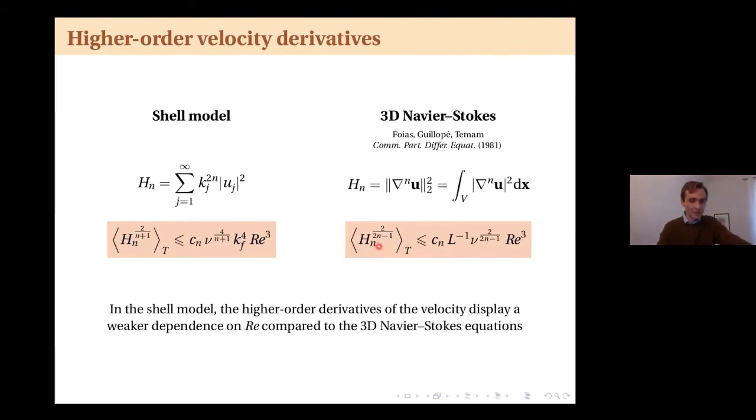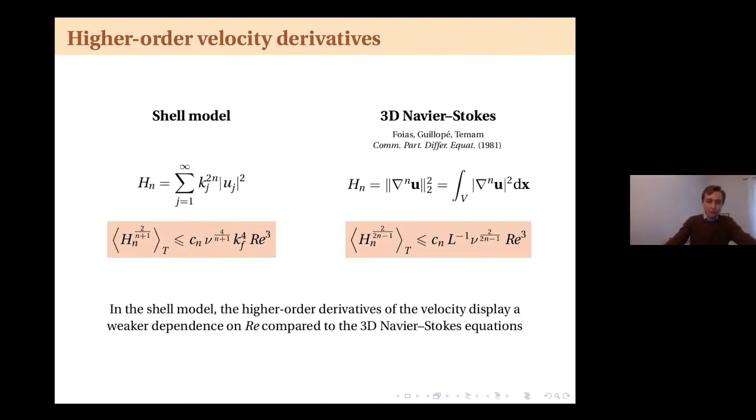The exponent for the 3D Navier-Stokes equations is always lower than in the shell model, except for n equal 1. So if we have the same quantities giving the same Reynolds number scaling, but we have to take a smaller exponent in the 3D Navier-Stokes equations, it means that the shell model displays a weaker dependence on the Reynolds number as far as velocity derivatives of order greater than 1 are concerned.